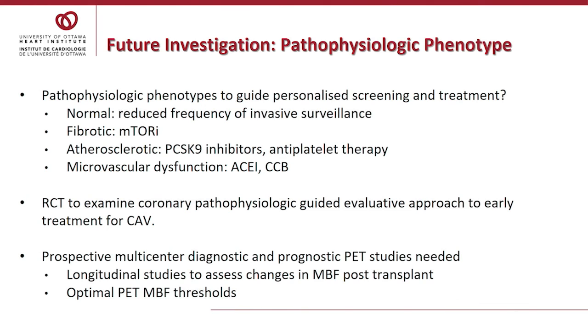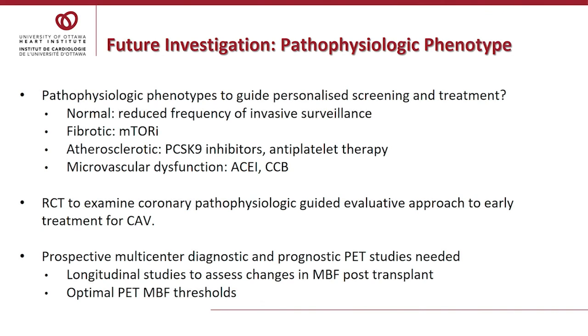If we detect a fibrotic phenotype, then maybe this would identify patients that would be more likely to respond or benefit from treatment with the mammalian target of rapamycin inhibitors, sirolimus and everolimus, which we do not routinely use due to possible side effects.